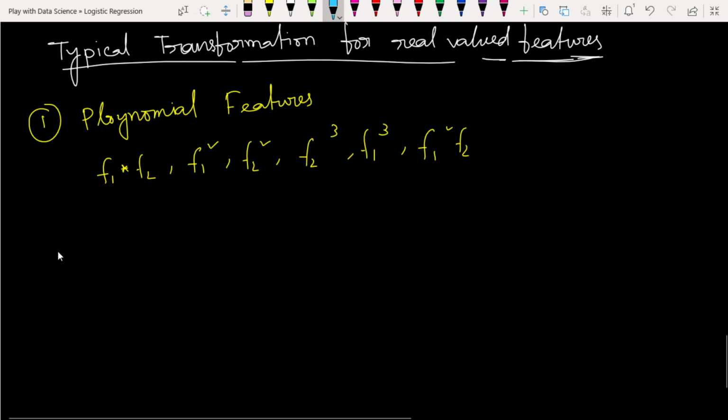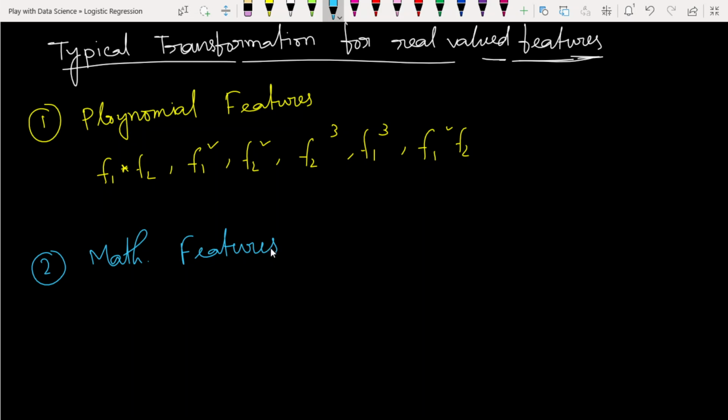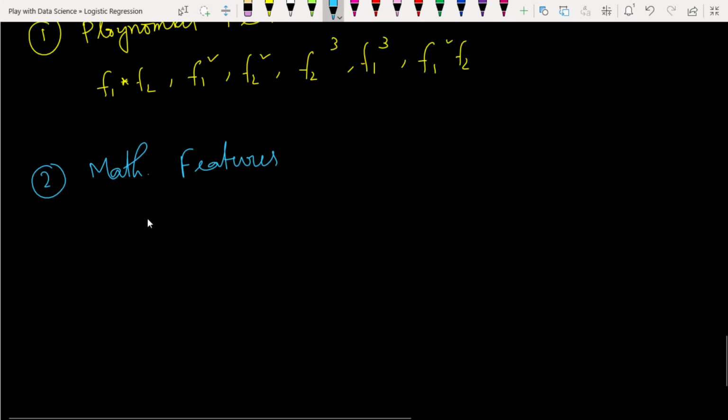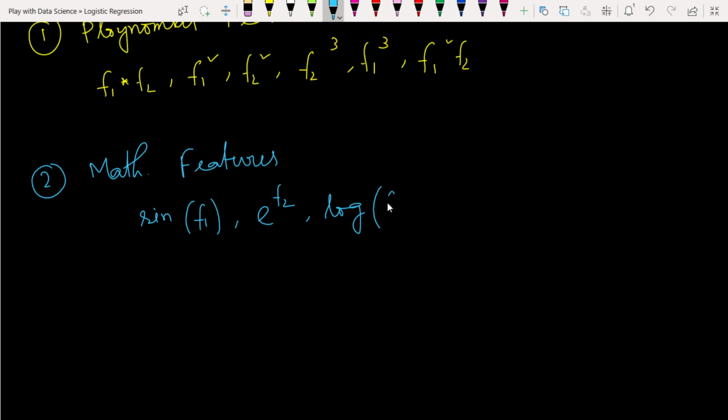Now the second type, mathematical features. What are mathematical features? Previously I have seen sine of f1, exponential of f2, log of f1 into f2.